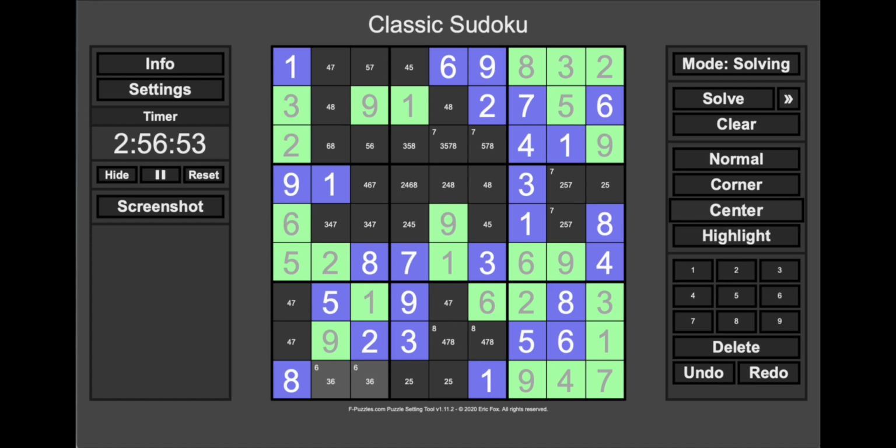These are not 7. I know 3s go there, but that's all I know about that.